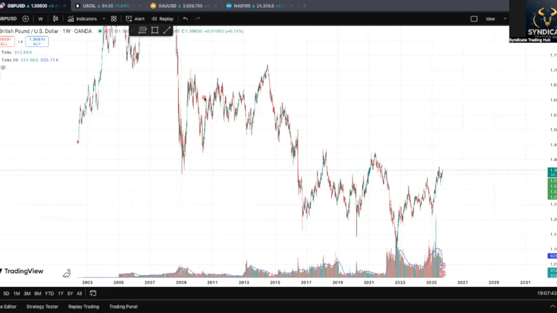That's why the Camarilla equation is very powerful, because the institutions use it. The big boys in the investment banks in America and all around the world use this kind of value area to locate where they are supposed to enter the market. And if you are in the market, you need to know where the big boys are entering.